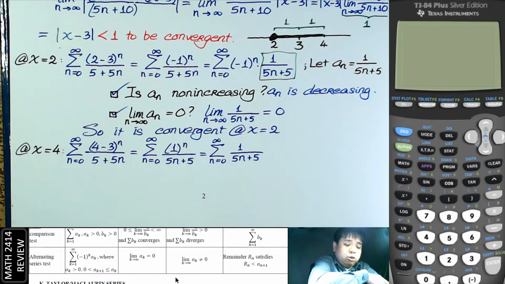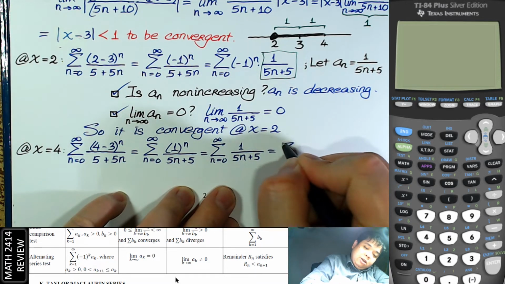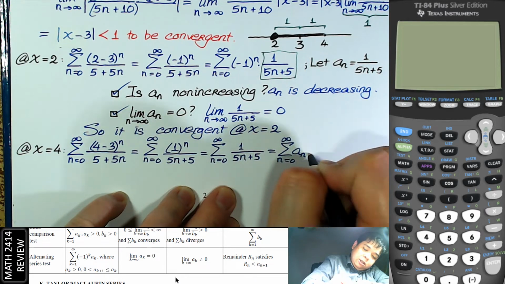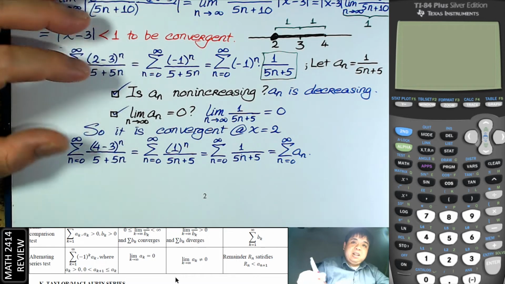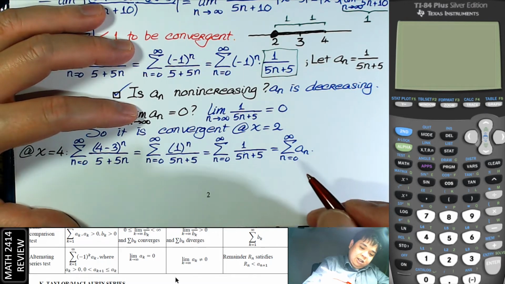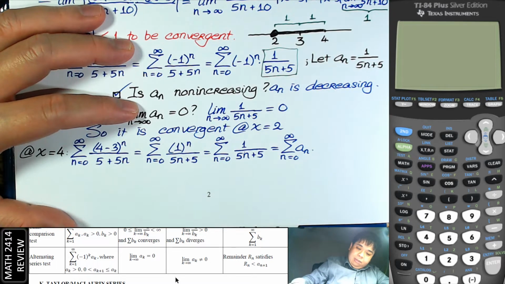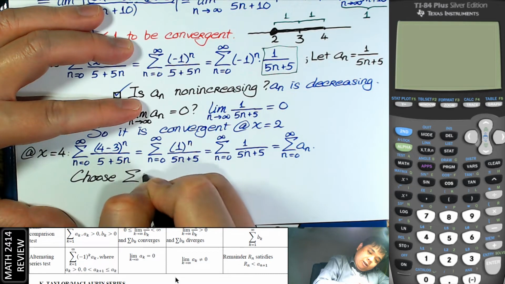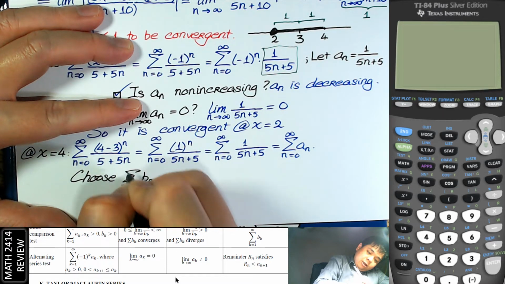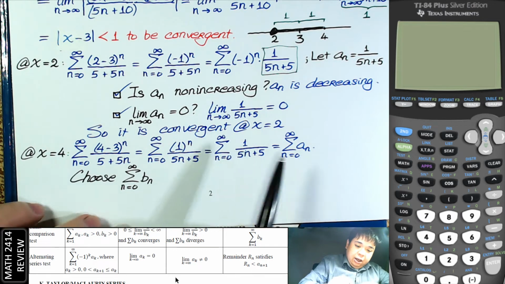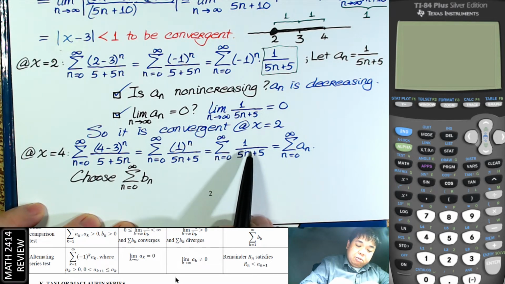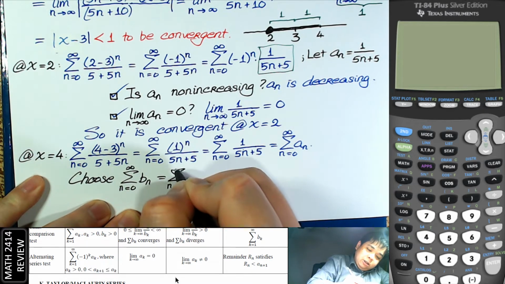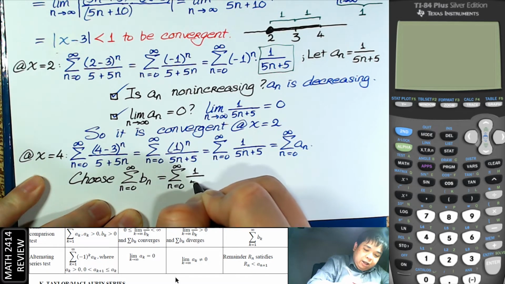But the proper way to do this is let this series be h of n. So h of n is that, and we have b sub n. Pretty much as this, except I just have the one with the highest power, so we just have 1 over 5n.